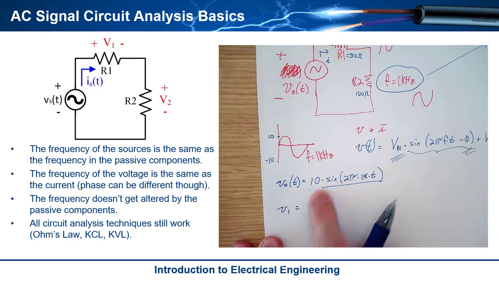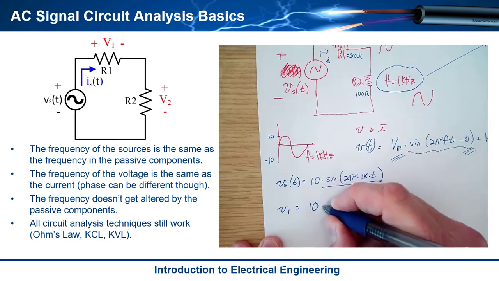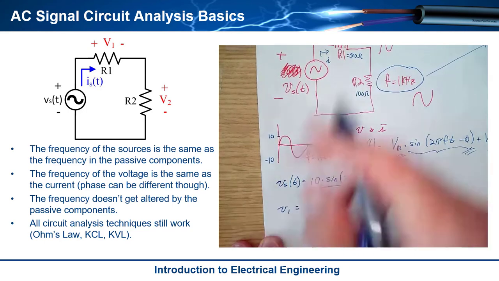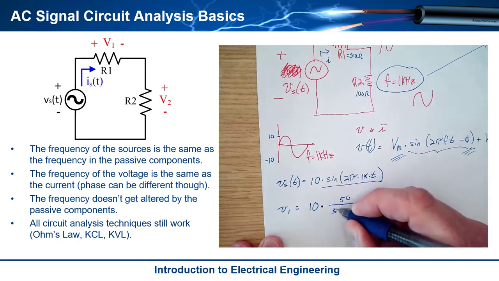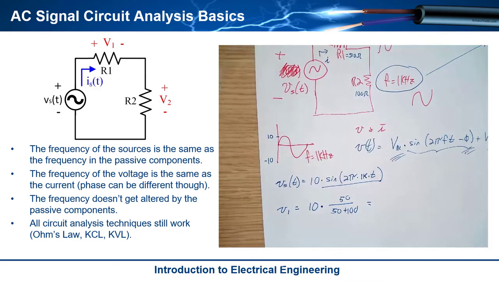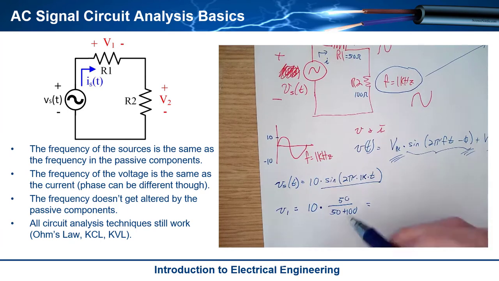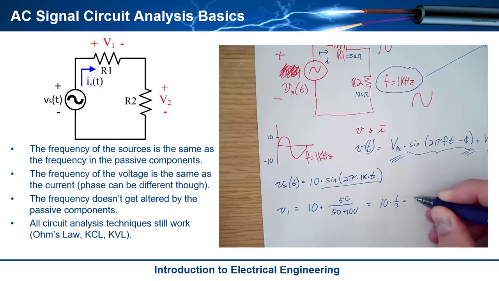So V1 is going to be equal to 10 multiplied by, that's the source going in there, 50 over 50 plus 100. You can kind of do it in your head: 50 over 150, so it's 1/3, so it's 10 times 1/3, so it's 3.33 volts, okay?